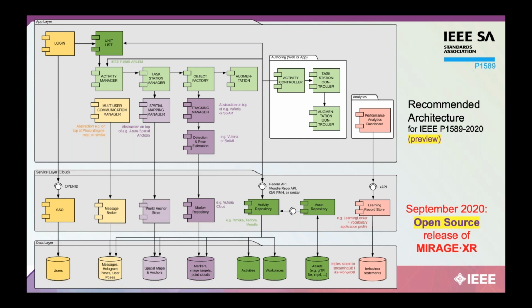We recommend a layered architecture for the moment that consists of an app layer, a service layer, and a data layer. And from left to right, you would see the activity support, and on the right, the logging support.